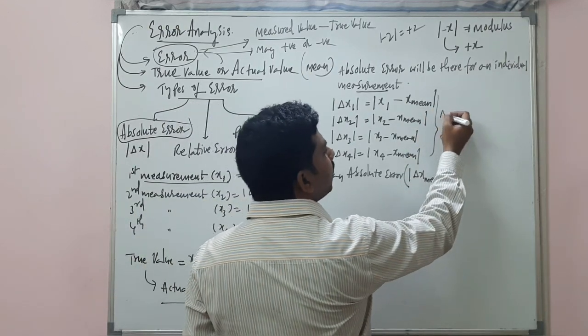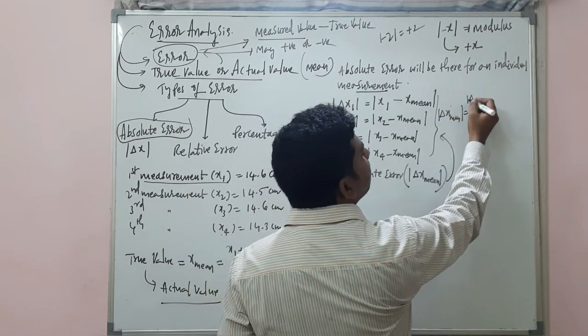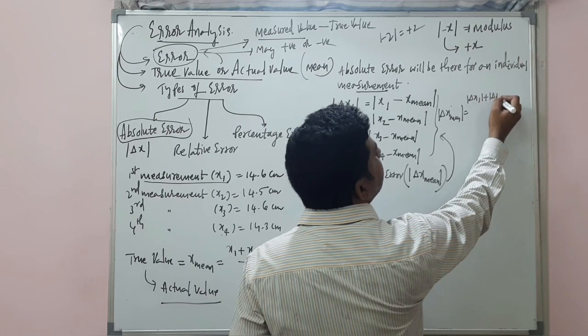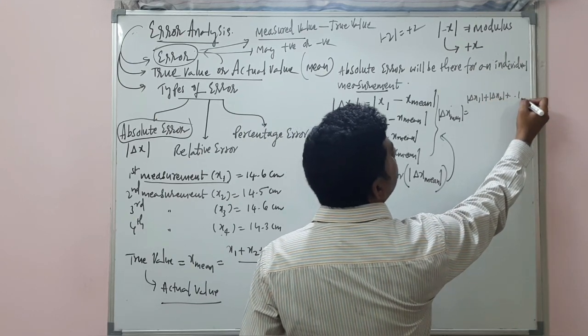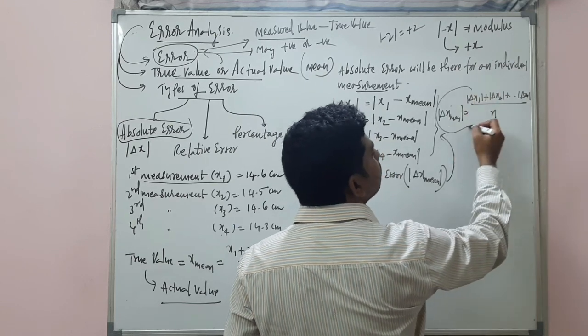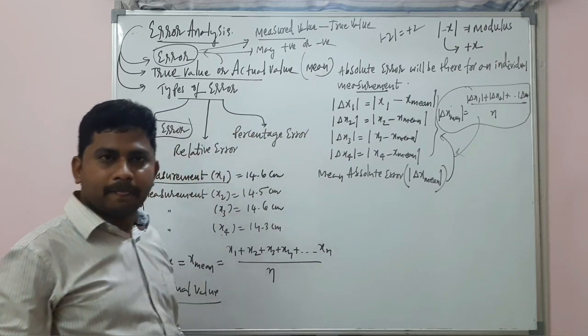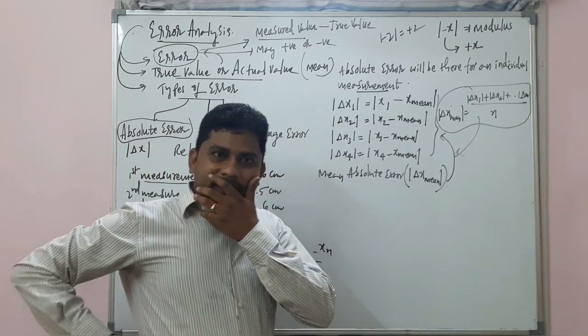So mod delta x mean is equal to delta x1 plus delta x2 plus so on till delta xn, divided by n. This is called a mean absolute error. Do you understand, my dear students?